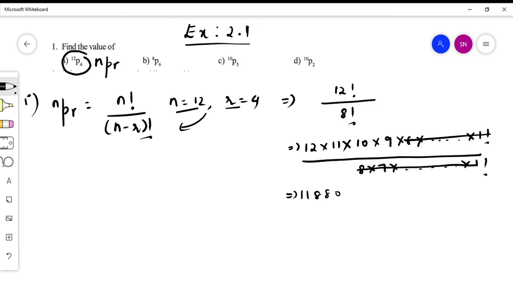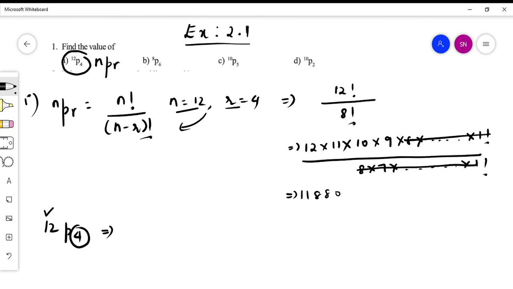Now similarly, the same question can be calculated in a much simpler way. So how do I calculate using that simpler method? I have 12P4. See the suffix. Okay, so suffix is equal to 4. So what will I do? Whatever the upper limit is, the n value, reduce it 4 times.